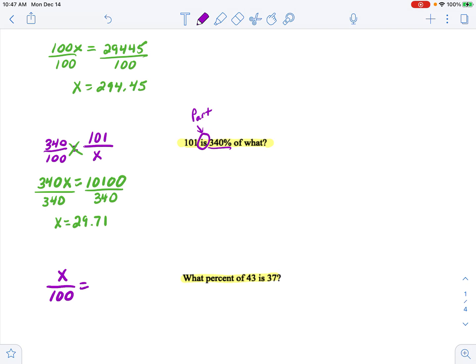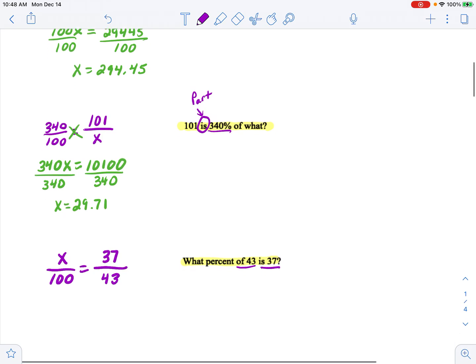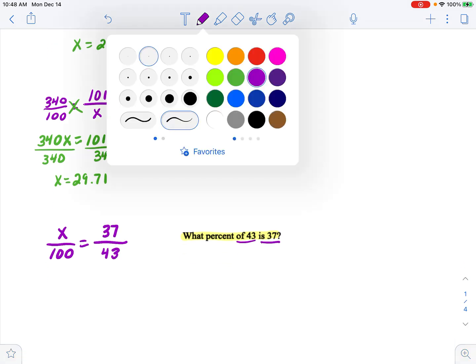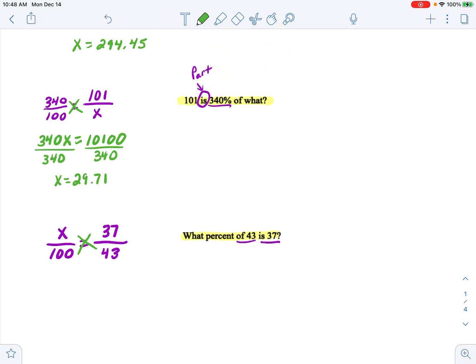So we have x over 100 equals, okay, again, we have to decide those two numbers, right? There are those keywords of and is again. So of is the whole, that goes on the bottom, and is the part that goes on the top. So we have x over 100 equals 37 over 43. We're going to cross multiply and set those cross products equal to one another. 43 times x is 43x, and 37 times 100 is 3,700.